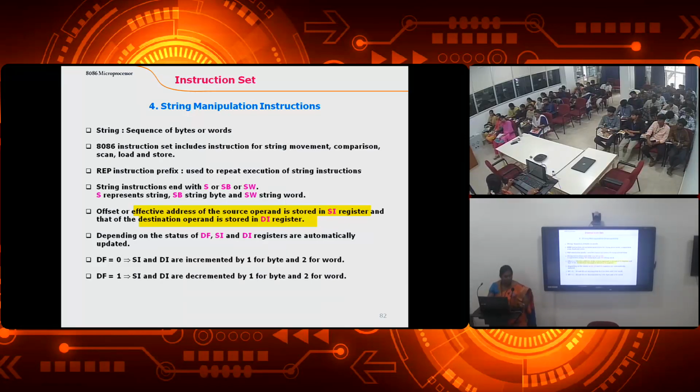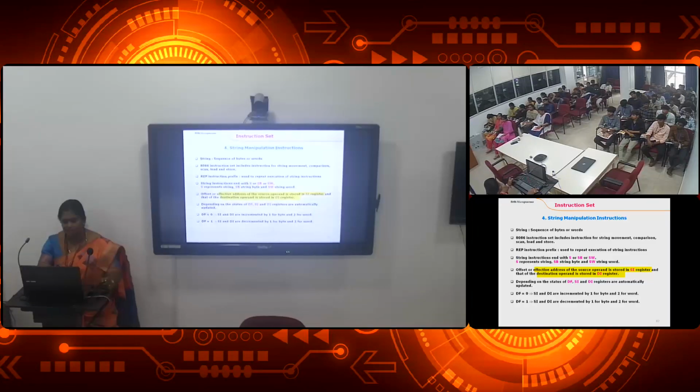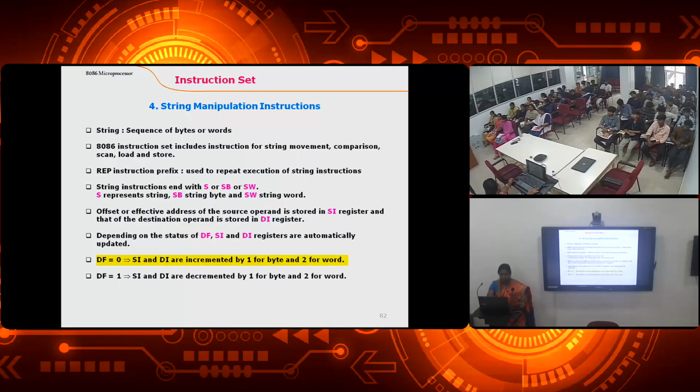What is the address needed? For that you require the SI register, string index register, and then you have the destination index register. In that you need to calculate the status and then increment the value by 1 if it is 1 byte, or add 2 to it if it is a word.